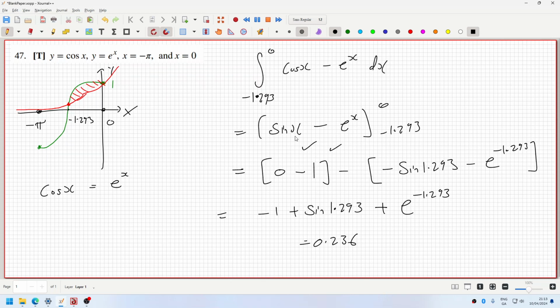Sine is an odd function, so I can take the minus out, but okay, I'll play it safe then. Sine negative that. Yeah, still the same thing. And then minus e, which then would be a plus.